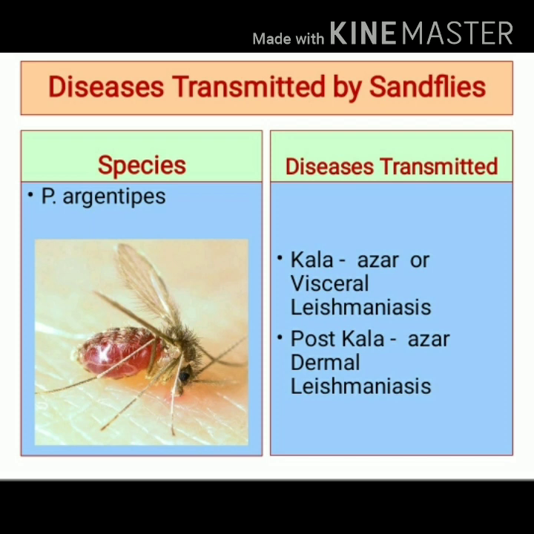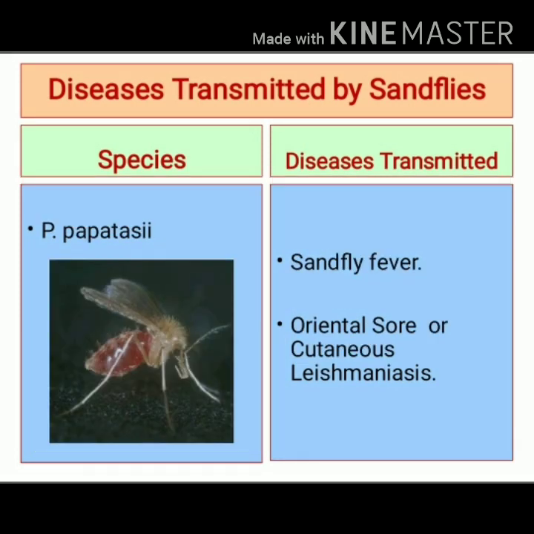In this slide, you can see image of Phlebotomus argentipes. This species of sandfly transmits Kala-Azar and post-Kala-Azar dermal leishmaniasis. Kala-Azar is also known as visceral leishmaniasis, and its causative agent is Leishmania donovani. Here you can see another species of sandfly.